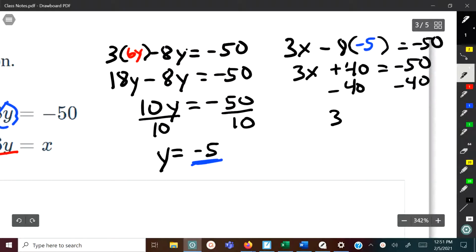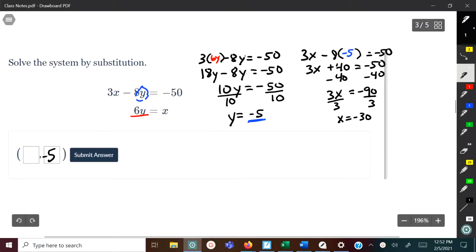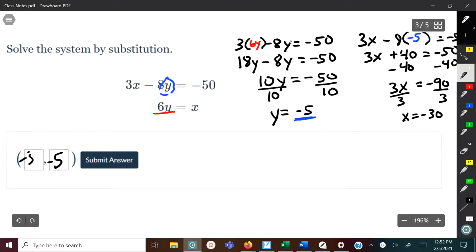That's going to leave us 3x is equal to negative 90. And then we're going to divide by 3. And x is equal to negative 30. So now we plug in the negative 30 for x, and we have our answer.